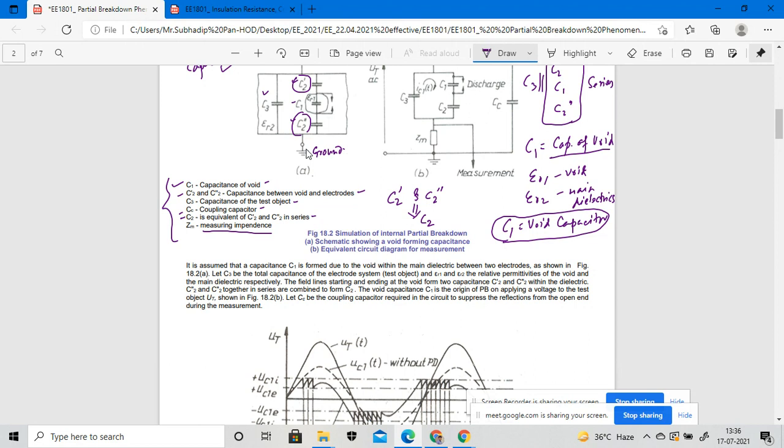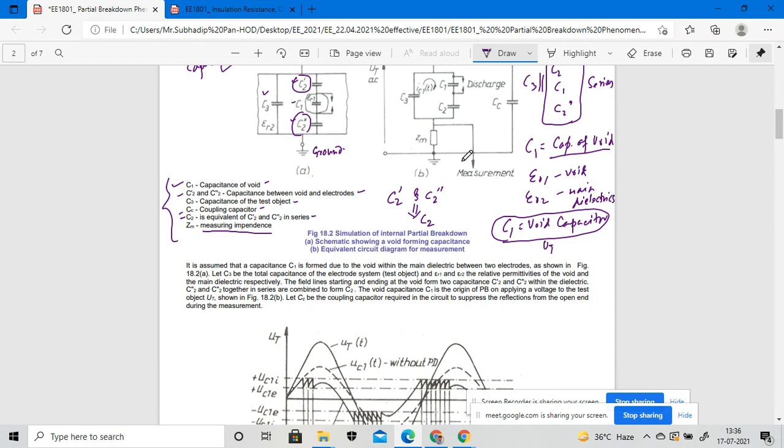UT is nothing but the voltage applied across the terminals. Later we can say CC is the coupling capacitor that is required for the circuit to suppress the reflection from the open end during the measurement.